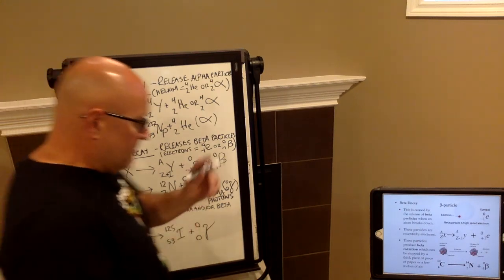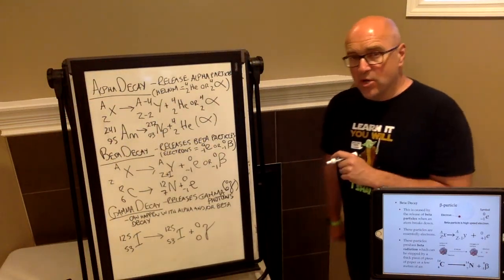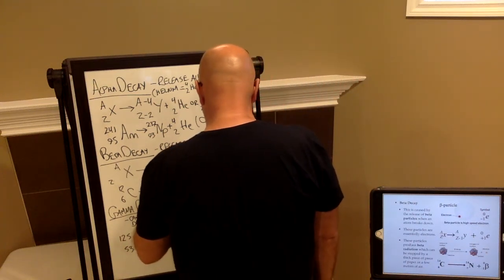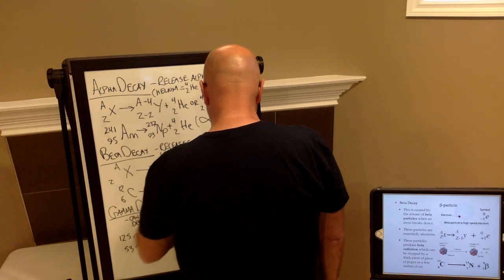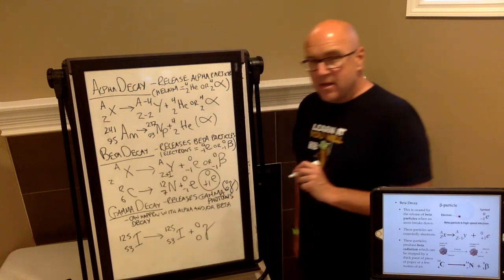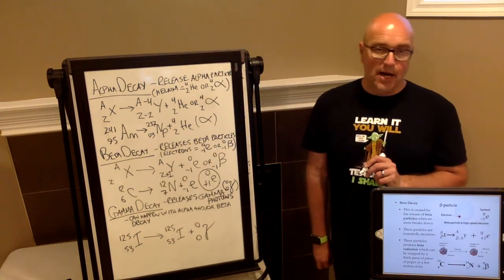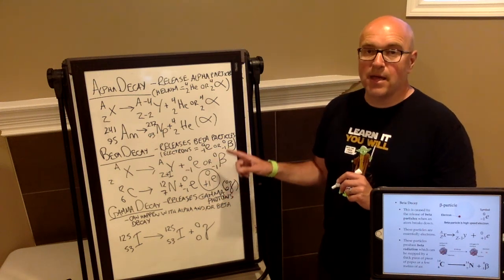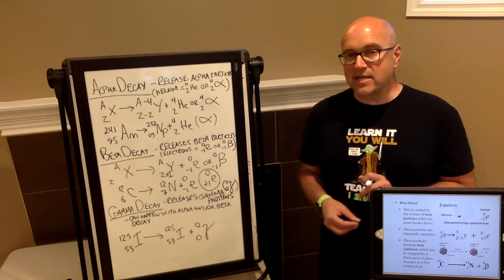Be aware of one thing in the data booklet. There is something in the data booklet, and if it comes up on an exam, they will actually specifically tell you that that's what it is. There is something called a positron, which has the designation 0 +1 e. It doesn't come up very often.